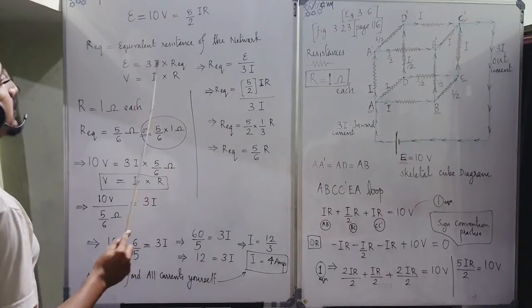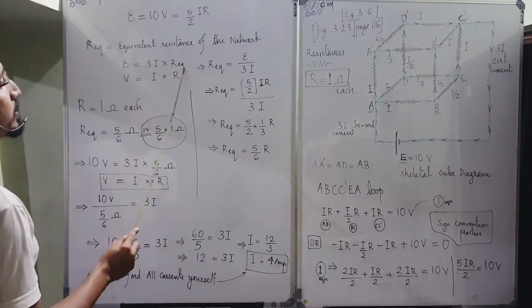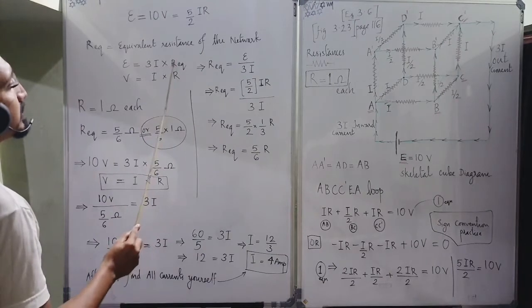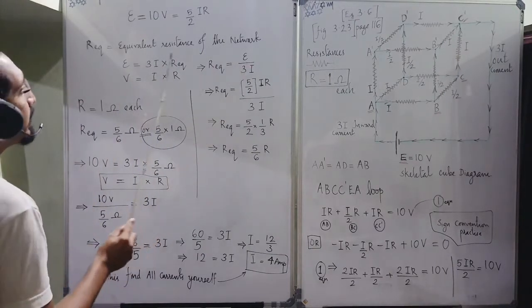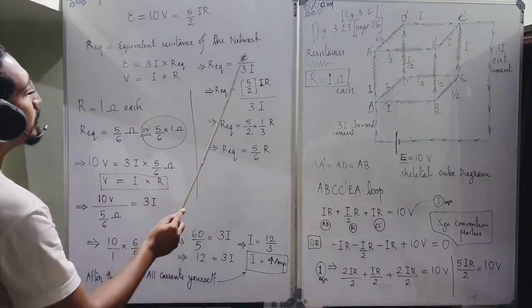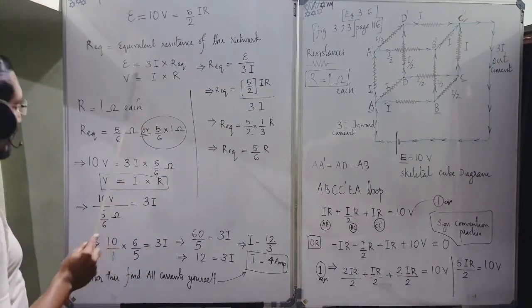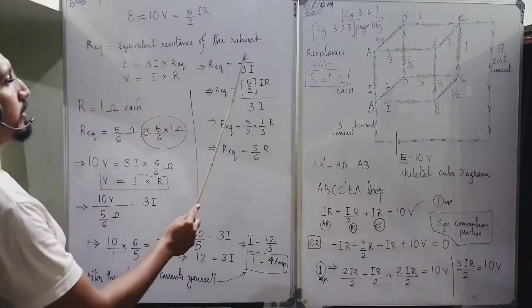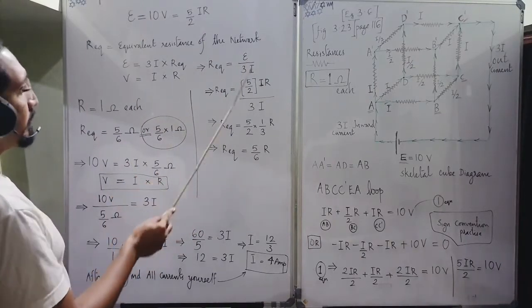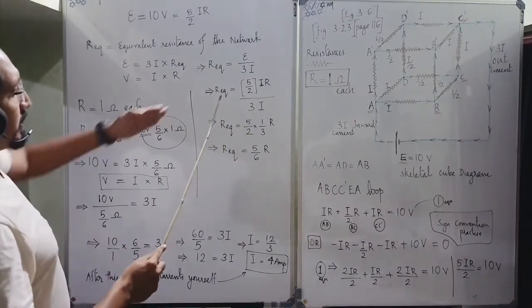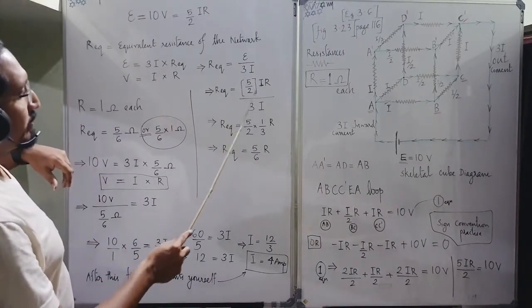So look over here. This epsilon I wrote as 3I into R equivalent. This R equivalent we will put on this side, and this 3I will go to the denominator of epsilon. Okay, R equivalent is equal to the EMF by 3I. Then R equivalent is equal to the EMF we got, that means 5 by 2 IR. This thing now we will put over here. So R equivalent is equal to 5 by 2 IR by 3I.